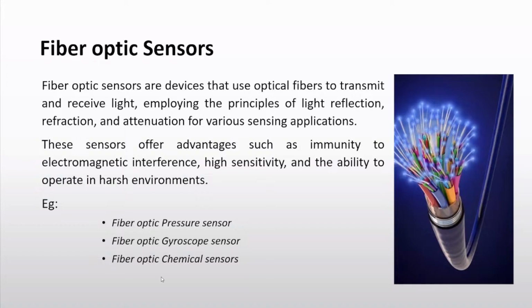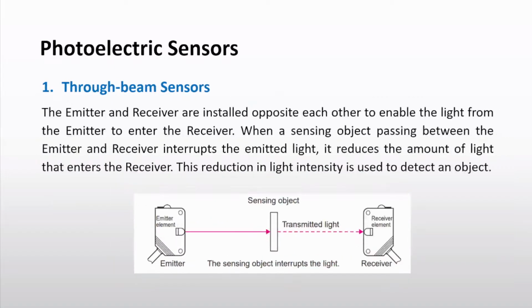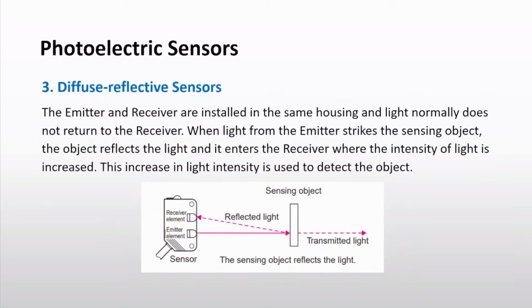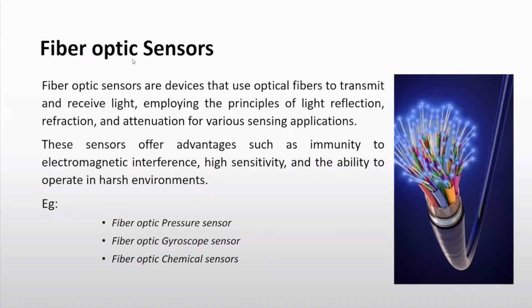Let's identify how fiber optic sensors work. In this type of photoelectric sensor, the light beam travels in air. There is no medium for the light to travel. But in fiber optic sensors, the traveling medium is made with fiber optics.